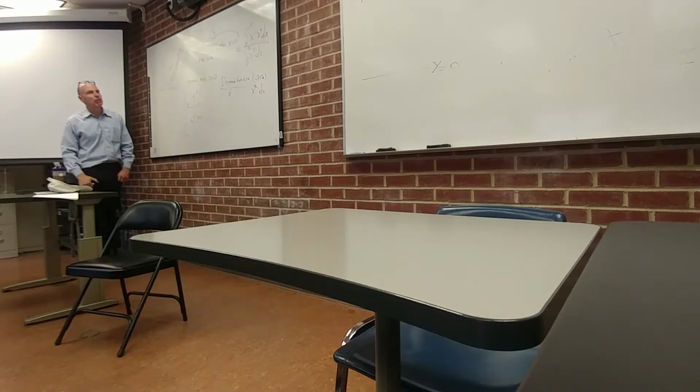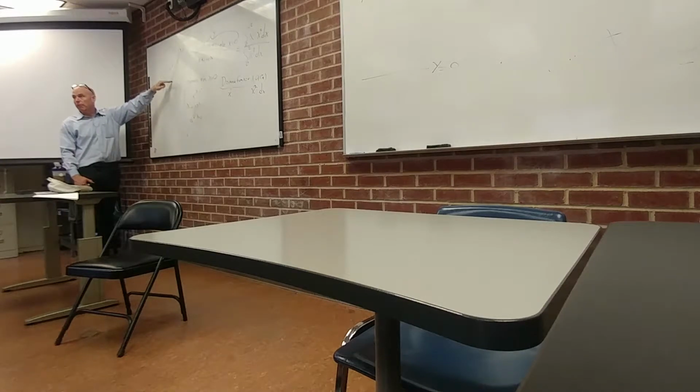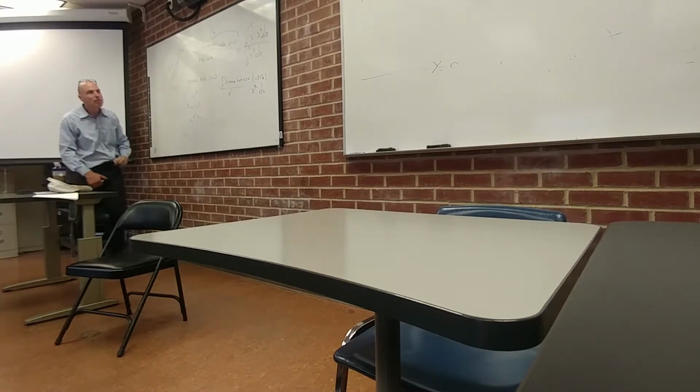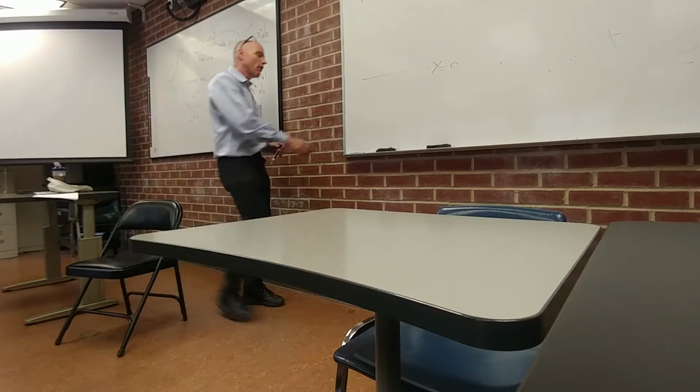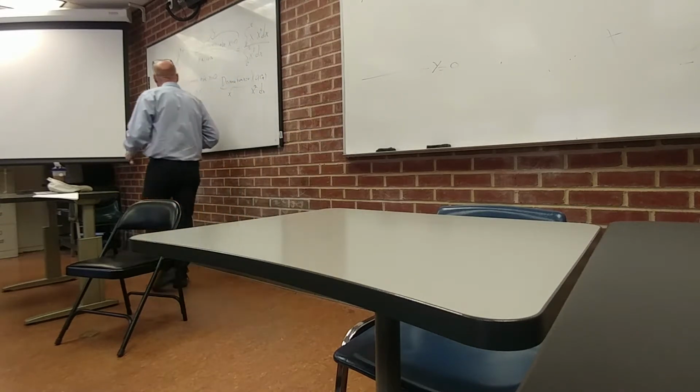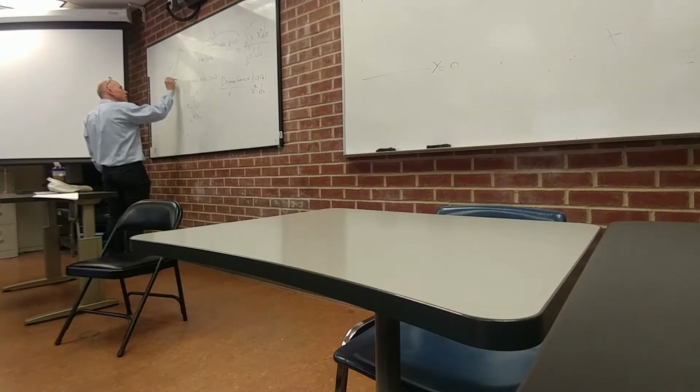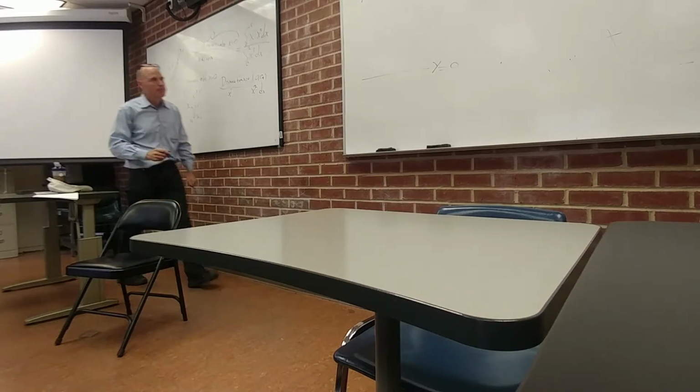So I'm trying to make a slice so that every point in that slice is the same distance from y equals 0. Would that be a horizontal or vertical line from the original region? Horizontal. So for the y bar, I'm going to be taking horizontal pieces like this.